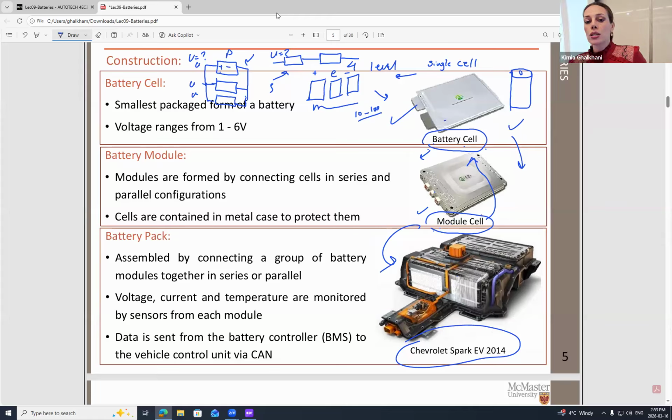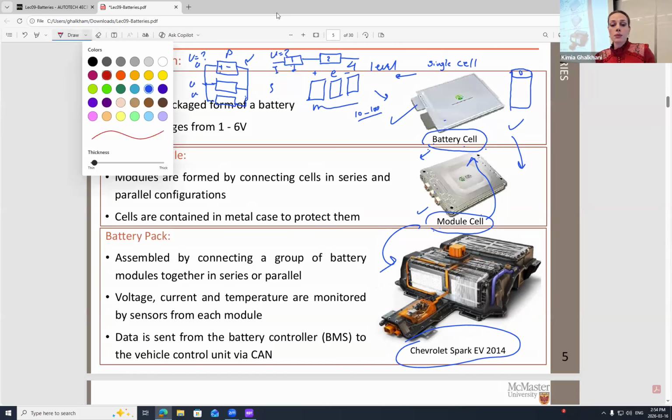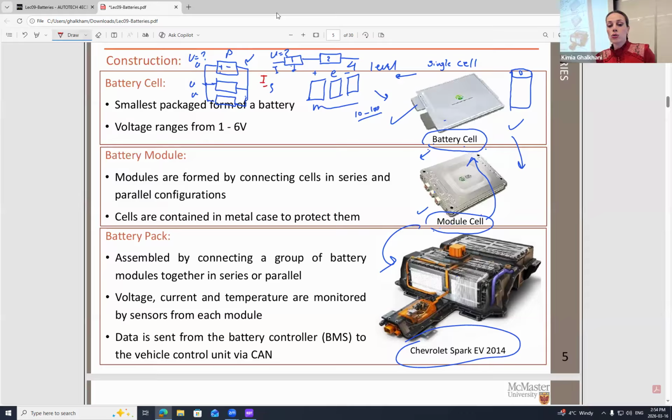And in here it is opposite. In here current is like I_T, I total, equal to, for example, if this is 1, if this is 2, I'm going to write this with a different color, this is important. Also it might seem basic, but it is important. In here, if they are series, and I'm going to calculate I total, if this is number 1 and 2, I total equals I1 equals I2 and so on. And in here it is opposite.